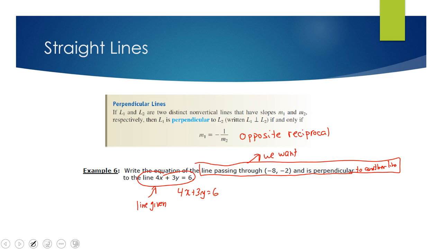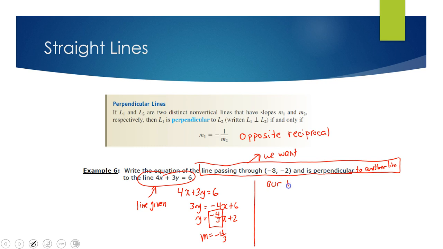So I'm going to solve this for y. I'm going to subtract 4x from both sides. And I'm going to divide both sides by 3. I'm going to distribute it. And the part I'm looking at here is -4/3. That's the slope of this line.